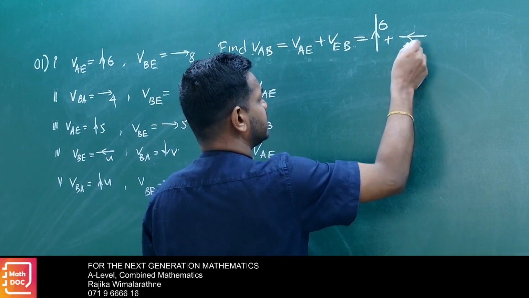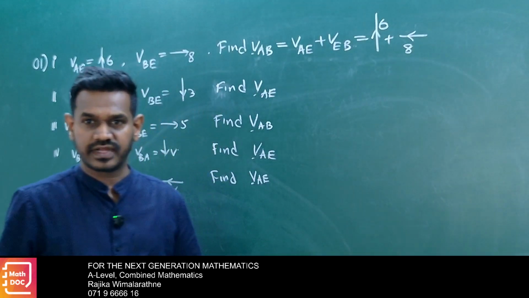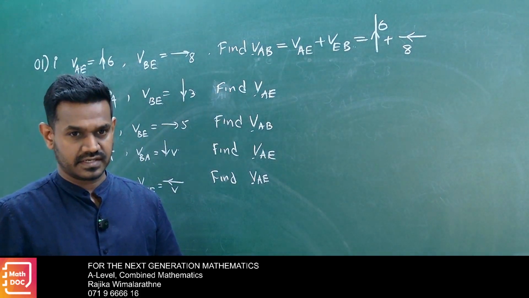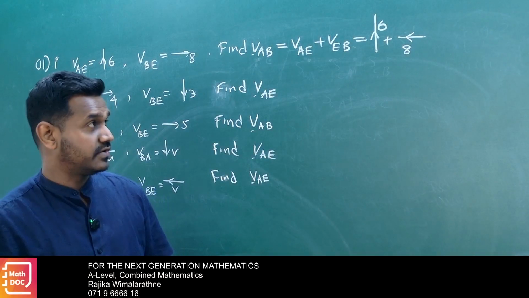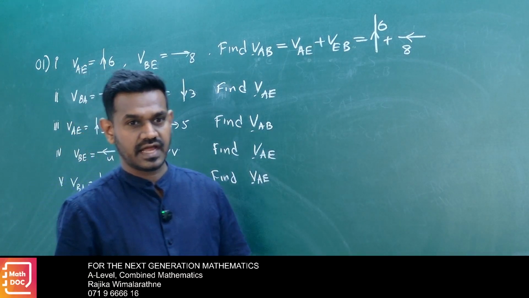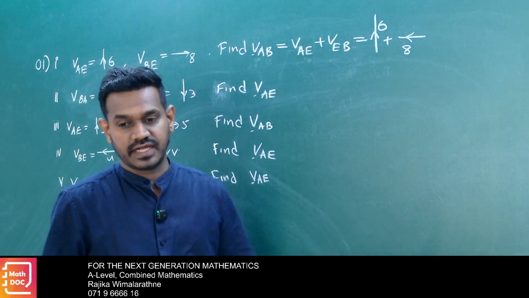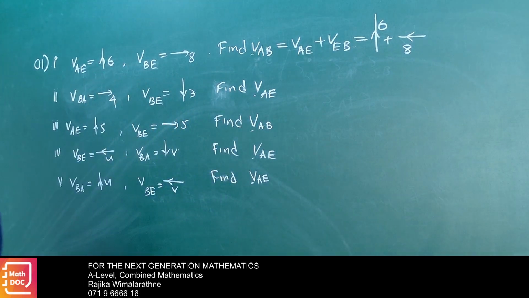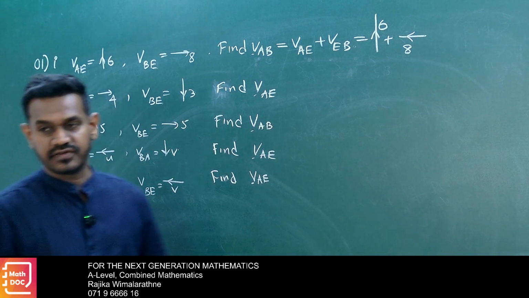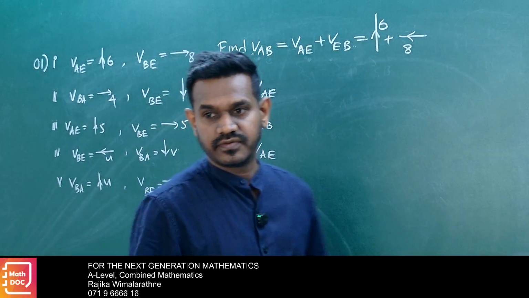Then the vector addition we can do by the triangle law of vector addition, or by resolving. No, here no need to resolve, we can consider the resultant value, since they are perpendicular vectors, no? Okay, continue, take time. First you practice writing the relative velocity theorem.